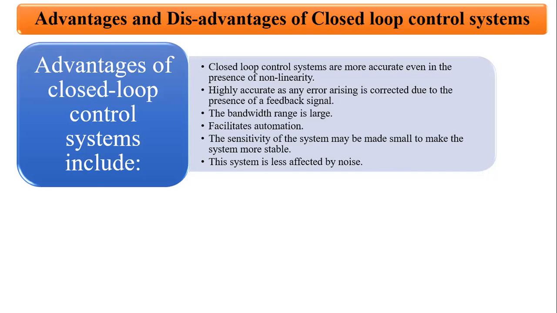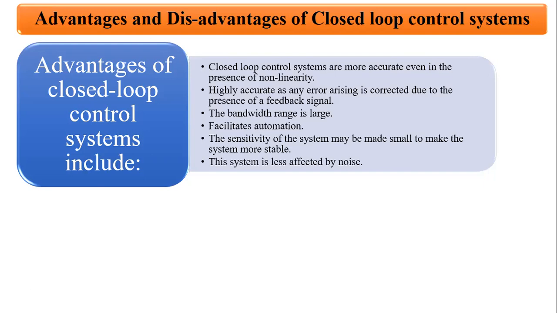So they are highly accurate because the error is corrected by the feedback signal. The bandwidth is large, and it facilitates automation. Closed loop control systems are automatic control systems, so they are advantageous for automation, right?